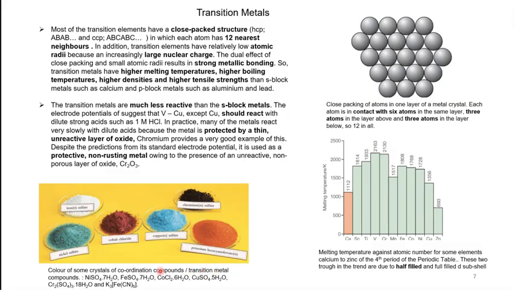So transition metals can form coordination compounds. We will talk about it later, and you see that we talked about half-filled and full-filled d subshells. The melting point temperature rises and then falls and then again rises and then falls, and that is due to half-filled and full-filled d subshells.